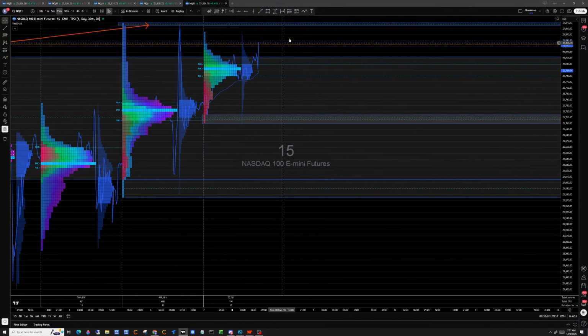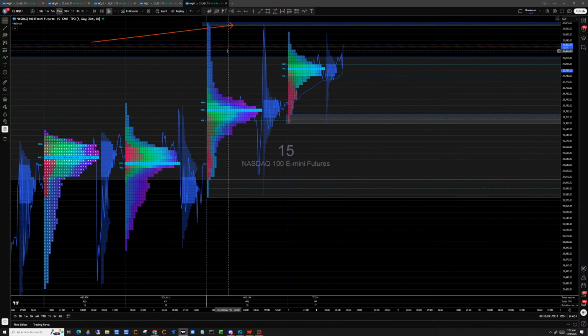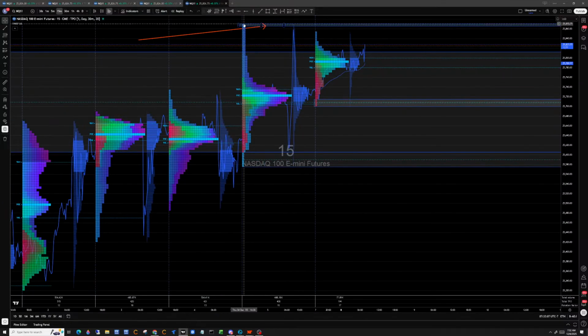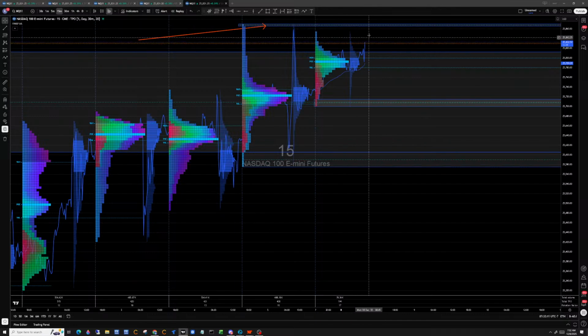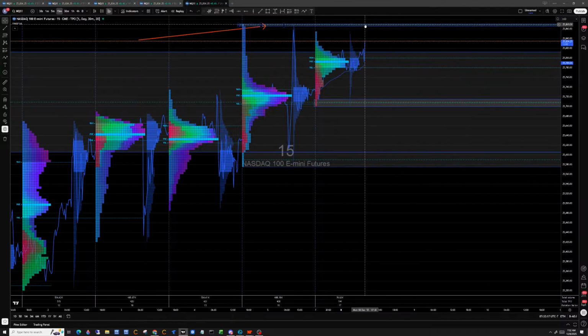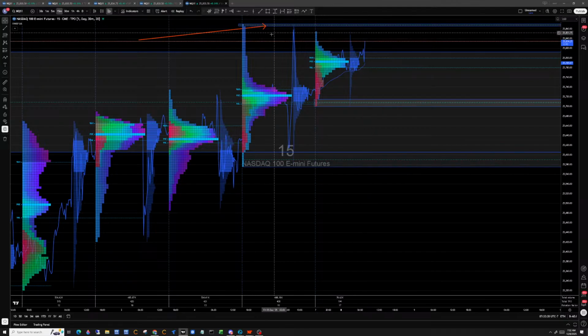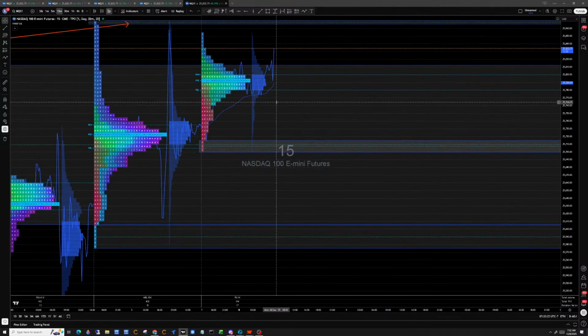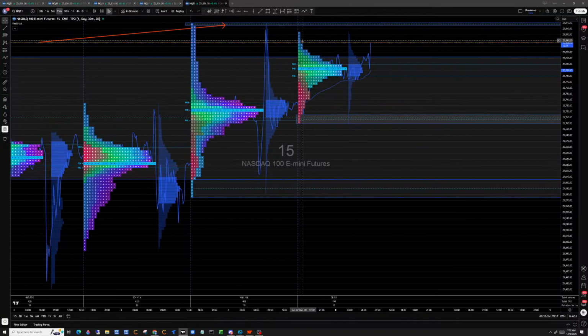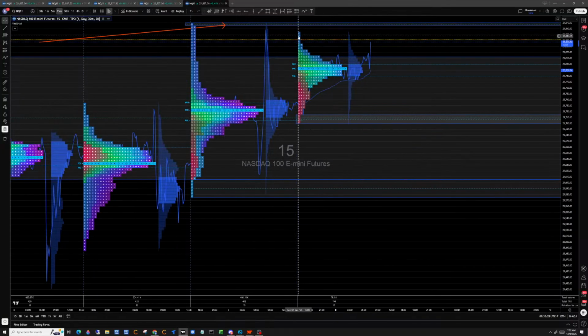What I've got marked up from the last day, Thursday, is this little rejection single print area at the very top. If there's a fake break like you're talking about, I would look for it right up here at this high, right at 869. That's where it showed us before that it rejected.